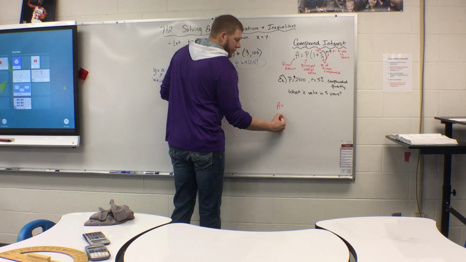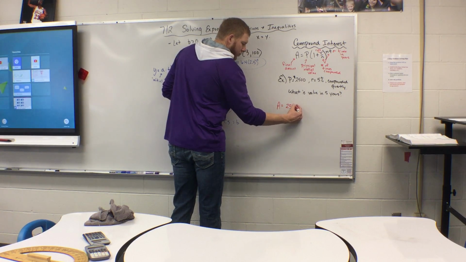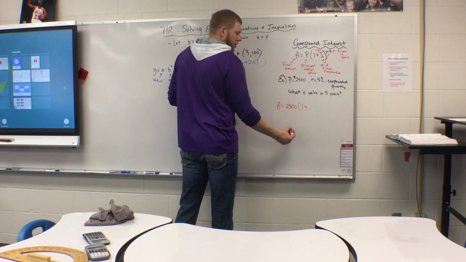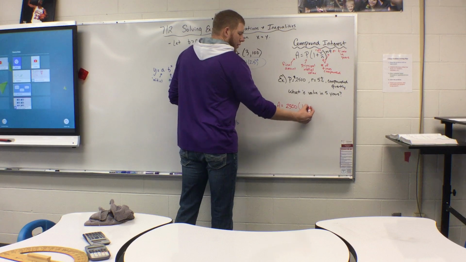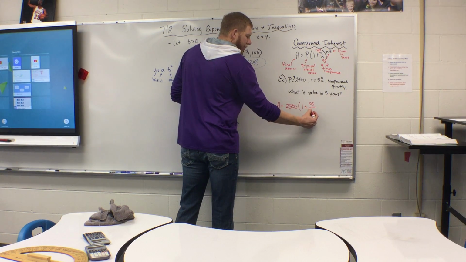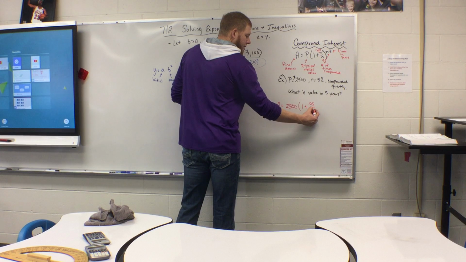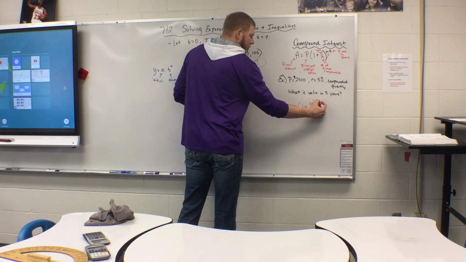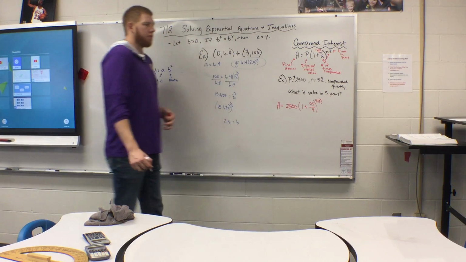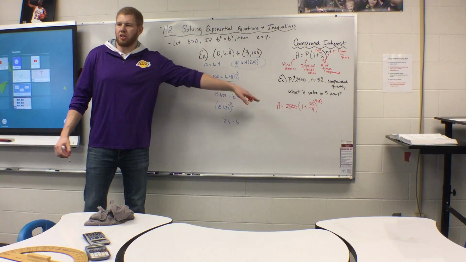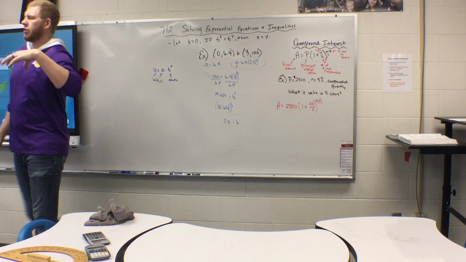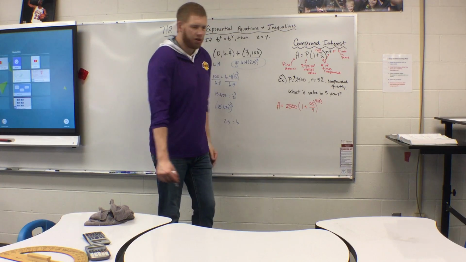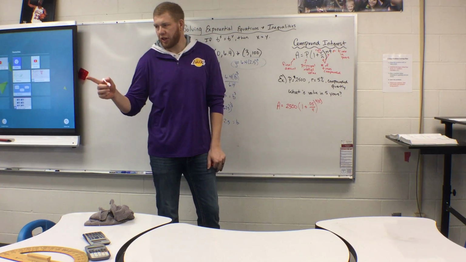A equals 2,500 times (1 plus 0.05 over 4) raised to the 4 times 5. Now, you can type this directly into your calculator. The only thing, when you type this in your calculator, parentheses are key.